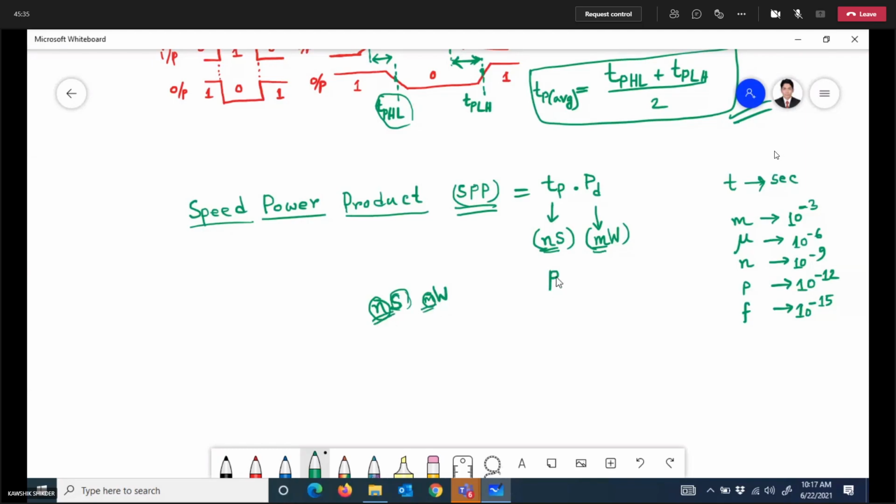So here pico is the multiplier. Now what should be the unit? Watt second or second watt? Picowatt second or picosecond watt? Now let me know, P is equal to what? VI.